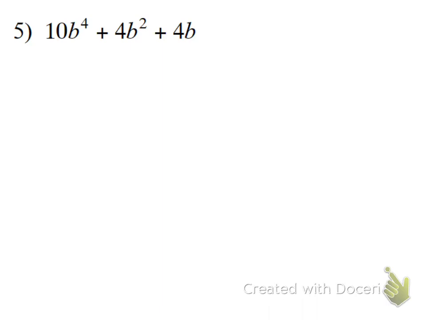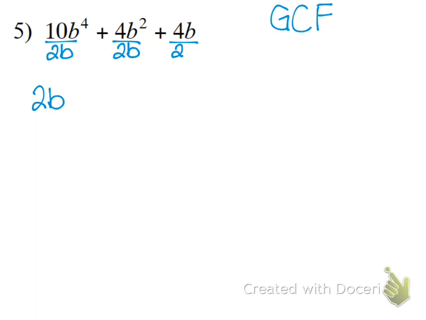All right, now let's go to the next type. For these types of factoring, you're really just looking for what's called a GCF. So I'm trying to figure out, what do all three of these terms have in common? In all three of these terms, I can take a 2 out, and I can take a b out. I can take out 2b from all of them.